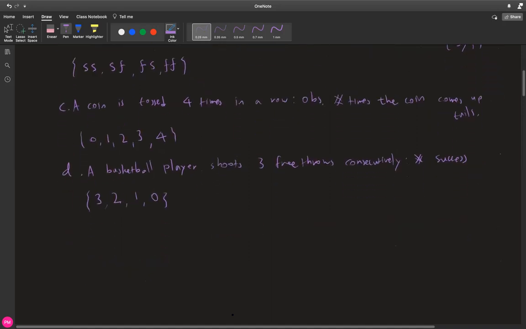Let's look at a few more examples regarding random experiment and sample space.